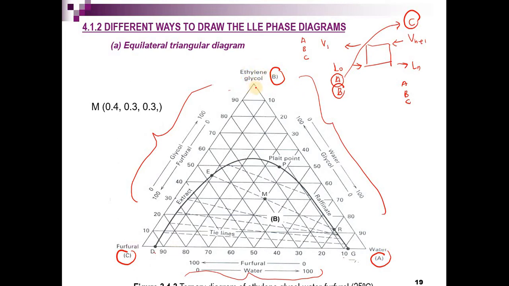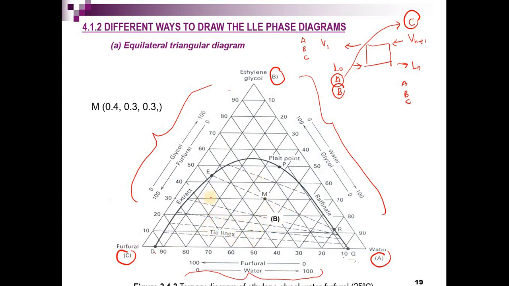And you can see we also have an equilibrium curve inside the triangle. So this is the equilibrium curve. I will explain later how we can construct the equilibrium curve. And we also have the dotted line here, which is the tie line. Okay, so this is the tie line.